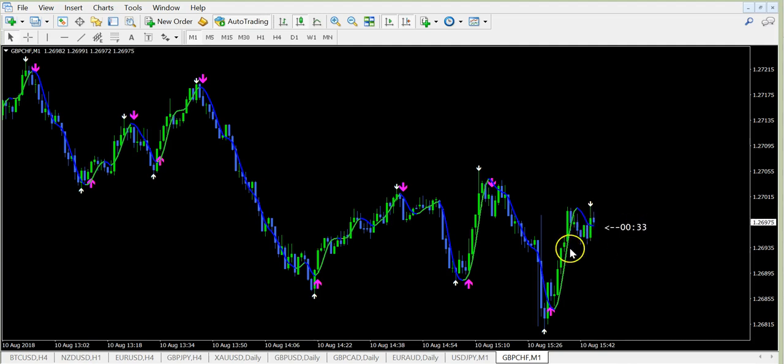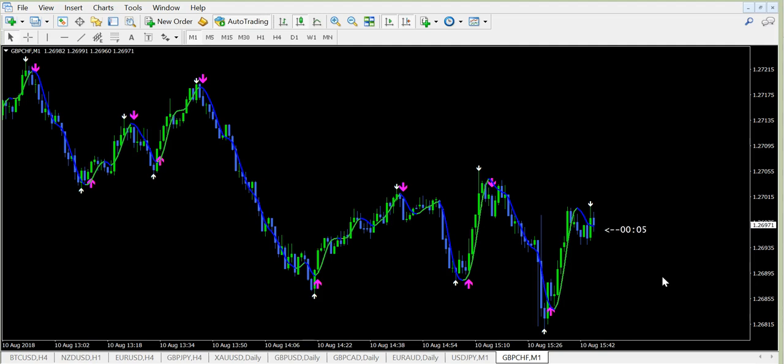So it is not repainting. It only repaints in the current moment, in this second or two, but after that it will never remove or change the color. So now we are waiting for the pink arrow to open, maybe. Let's see. Or maybe we'll get another white to alert us again that a possible trade is very close.